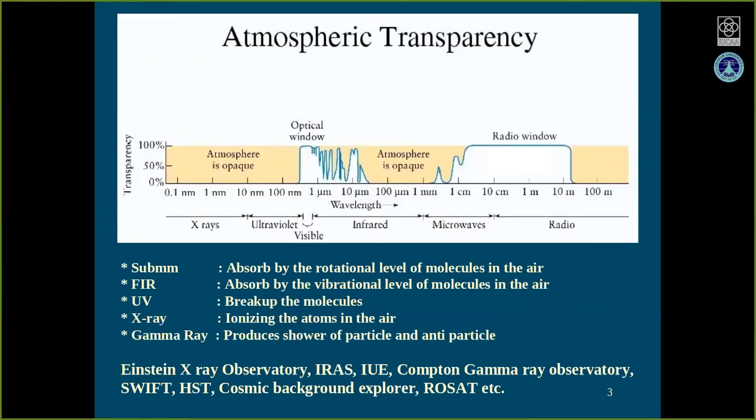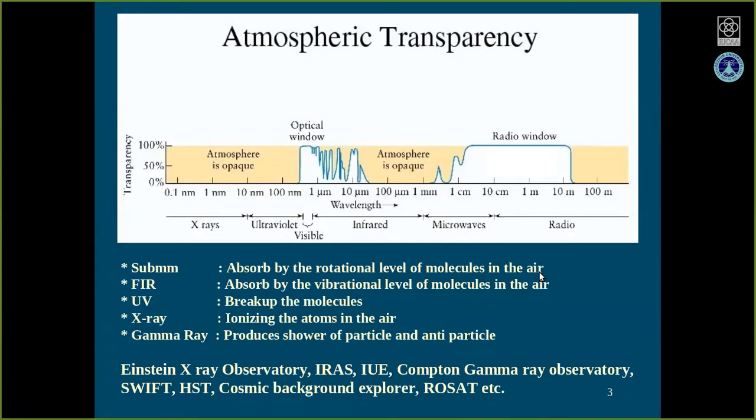Why do we need a space telescope? Because if you would like to observe an X-ray which is emitted by a particular object, you cannot install your X-ray telescope on the ground because your atmosphere is opaque. So what is the reason basically? You cannot observe a sub-millimeter photon because this sub-millimeter photon is absorbed by the rotational levels of molecules in the air.